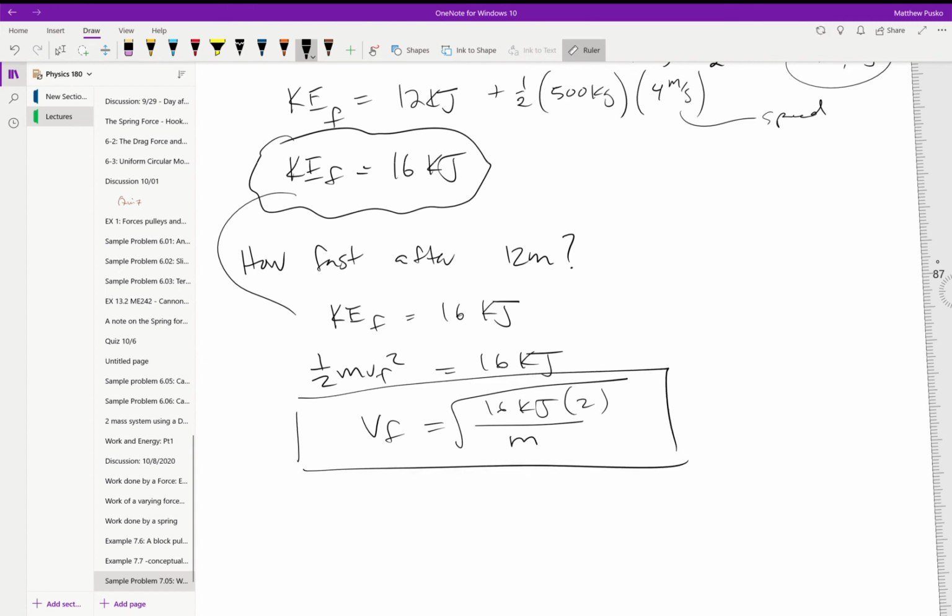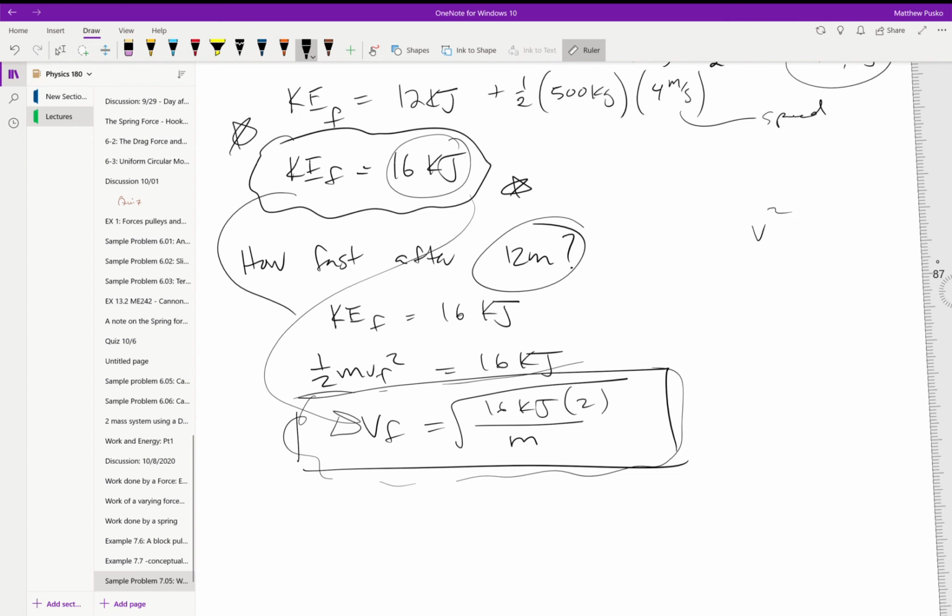That's more interesting information than this, in my opinion. So from that problem, we could figure out how fast it is going after it fell a distance of 12 meters after work was being done. It had some initial kinetic energy, 1/2 mv squared, and it now has some new kinetic energy and some new velocity, which is directly related, or related as a square, right? Kinetic energy is proportional to the square of the velocity.